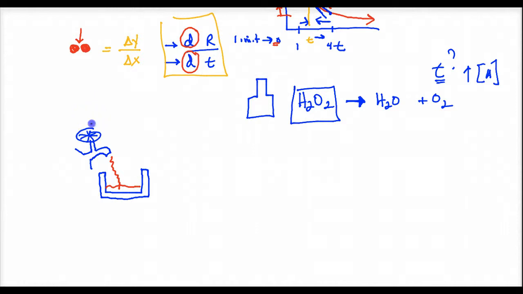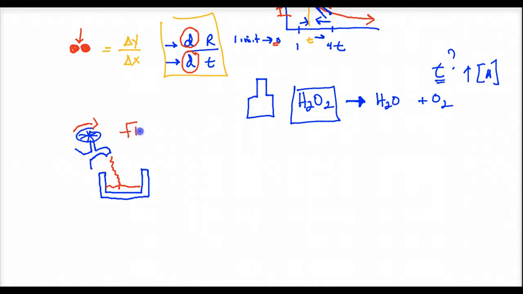As I turn the valve to open it, this red water comes out. Let's pretend that we're turning that valve and we're accelerating the turn so that different amounts of water are coming out. We're increasing the flow rate as we turn the valve.